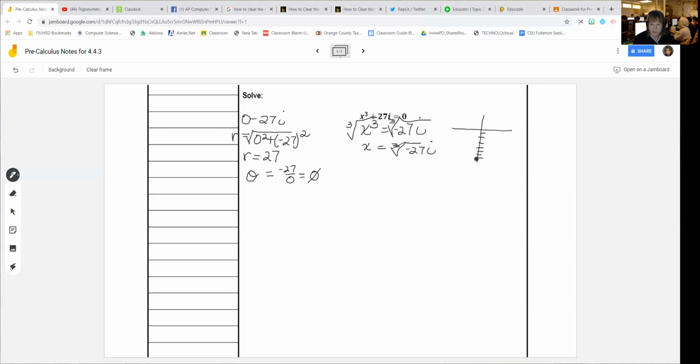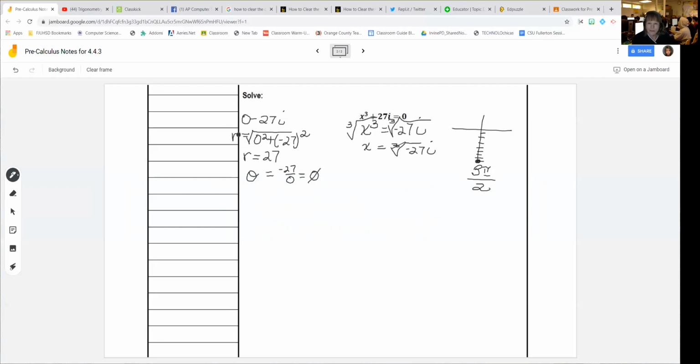It is way down here. And on the unit circle, that angle is 2 pi over 3. Sorry, I have that backwards. Let me erase it. That is 3 pi over 2.